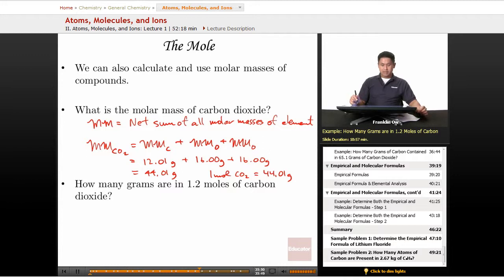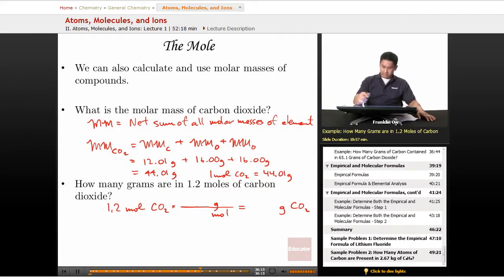Having said that, we can also use molar mass as a conversion factor for a compound. So how many grams are in 1.2 moles of carbon dioxide? 1.2 moles of CO2 times something over something is going to give us our answer in units of grams of CO2. Okay, so the mole is going to go downstairs and the grams is going to go upstairs.